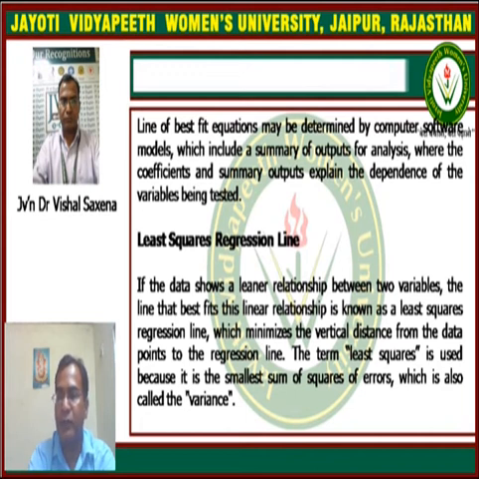The term least square is used because it is the smallest sum of the squares of error, which is also called the variance. So one important thing here is that the term least square is used because it is the smallest sum of the squares of the errors.